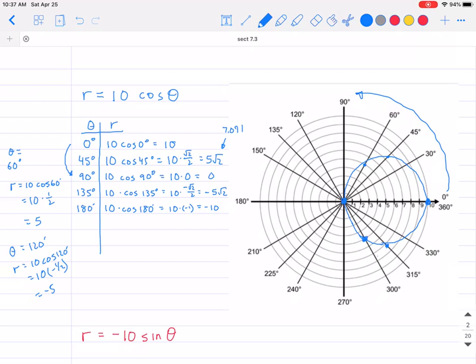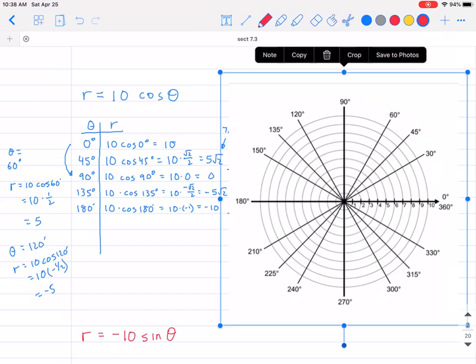Okay. Now, just to show you another perspective of looking at how this works out, if my radii were positive, then the graph would probably look something like this, okay? But because all my radii from 90 to 180 degrees are negative, that means I'm graphing in the opposite direction.